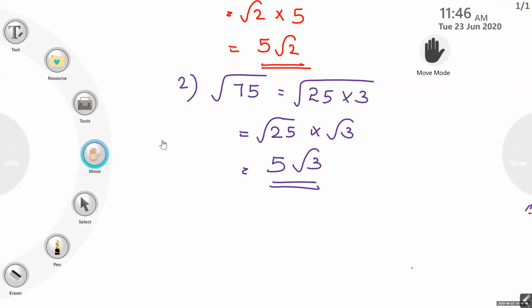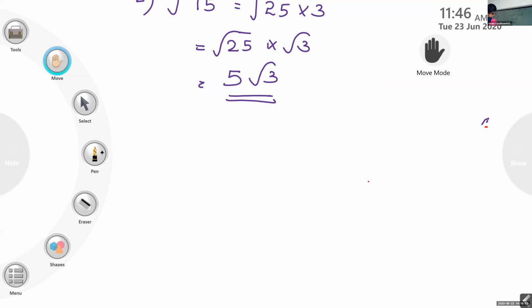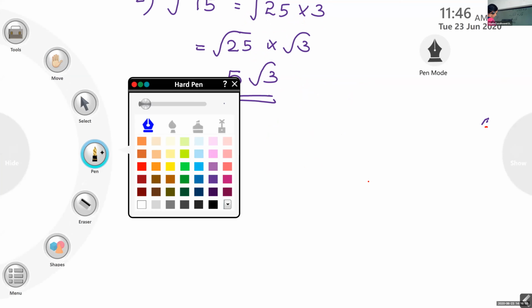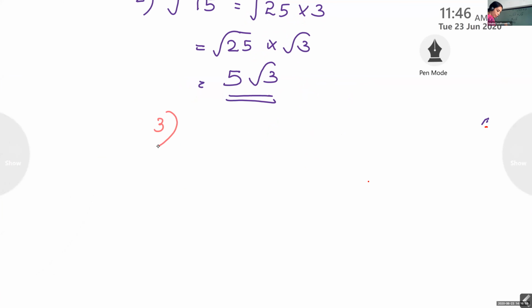Then, next question. Third question is root 32. Even if it is not a perfect square, you can simplify it. 16 into 2. Very good. Are you following?